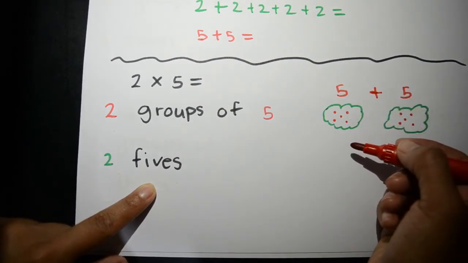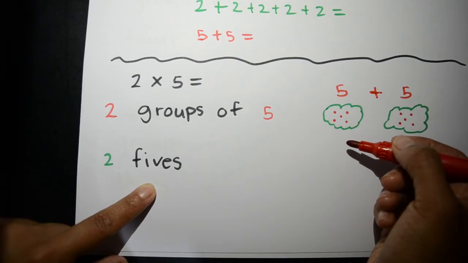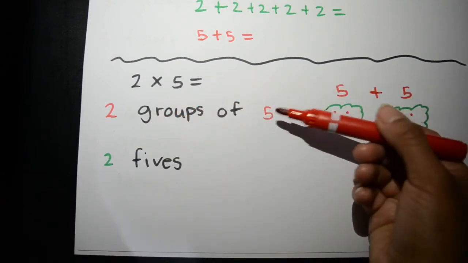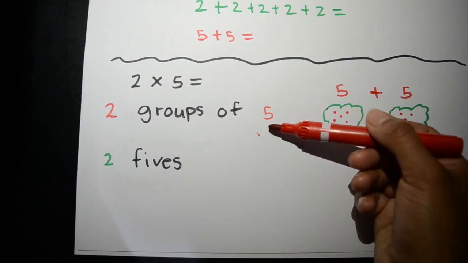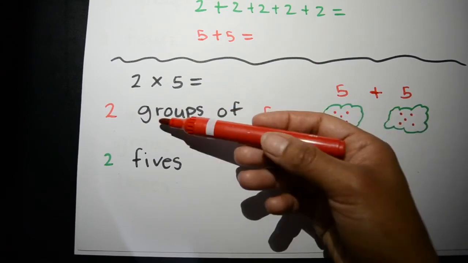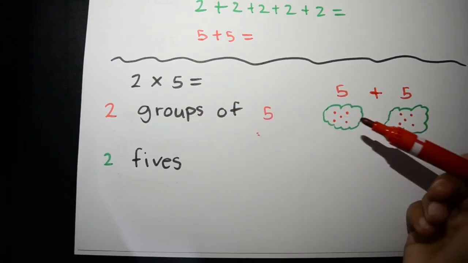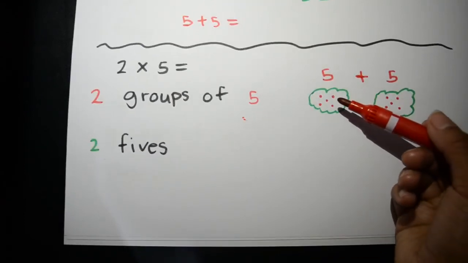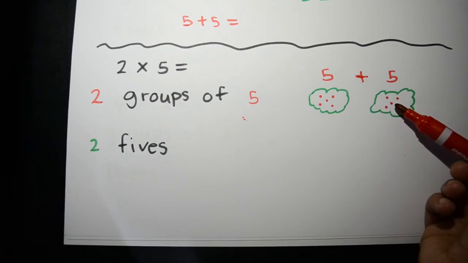We're not counting the groups. I'm not saying 2 plus 2. We don't count the groups. We always count in this number at the end when I'm talking about 2 groups of 5. So inside here, I'm saying there are 5's and another 5.